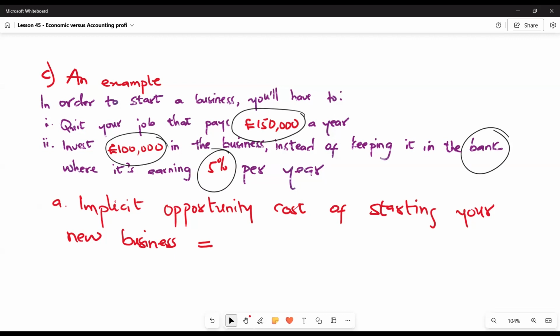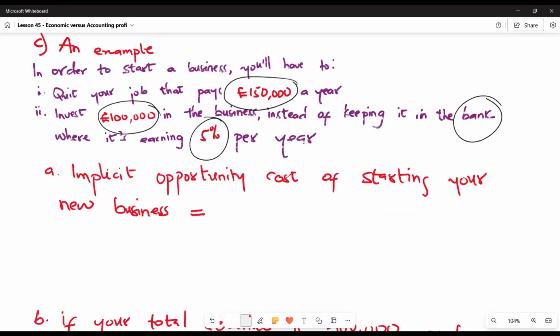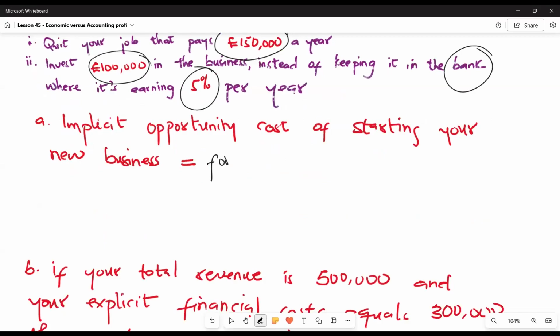So this means that the opportunity cost of starting your business is twofold. First is going to be the foregone wages. So you are no longer going to be employed by someone else, so you're no longer going to get the 150,000 salary that you get a year. Plus, because you have invested £100,000 in your business, instead of putting it in a bank and earning 5% interest on it, you have forgone the interest that you would earn if you had kept the money in the bank.